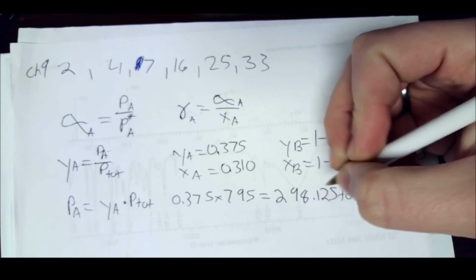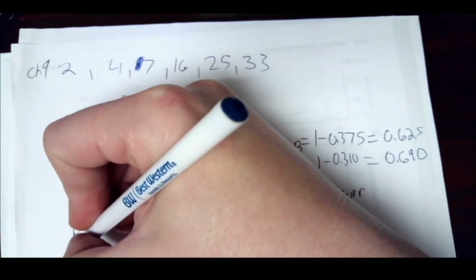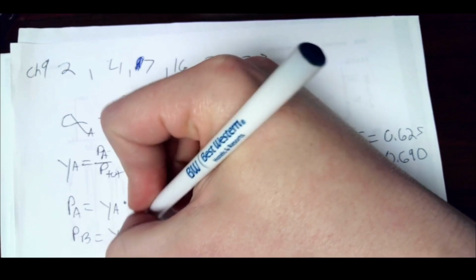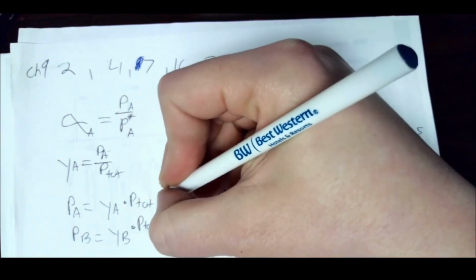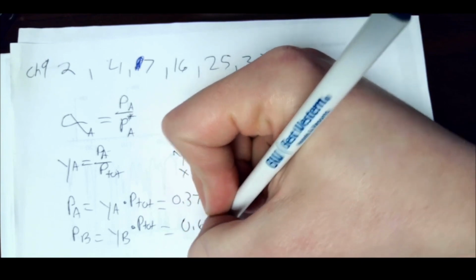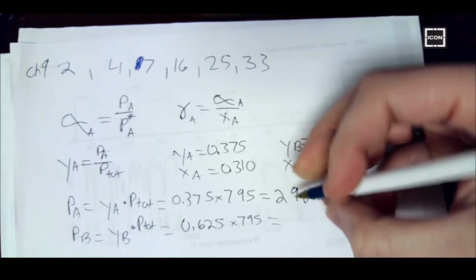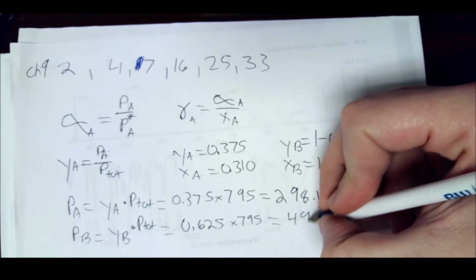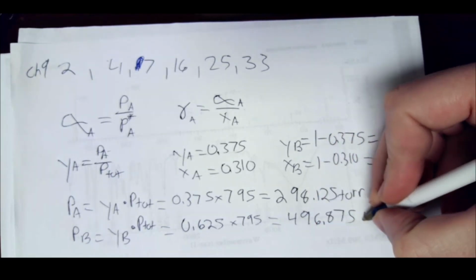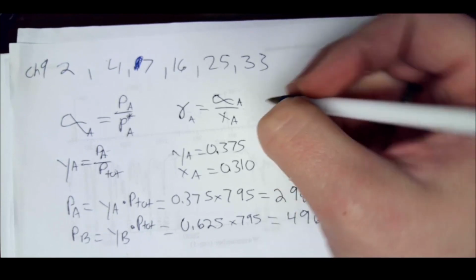I'm taking that out far too many places, but that's good enough for now. And the pressure of B is going to be the Y of B times our P total. So that's going to be 0.625 times 795 torr. Once again, pulling that out, we'd have 596.875 torr.